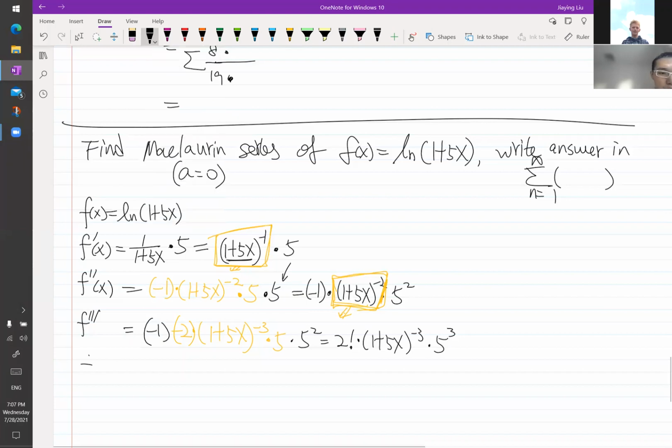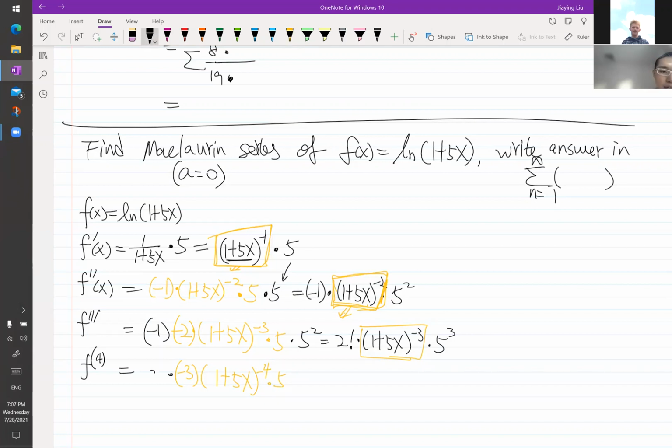And then the fourth derivative, again, I'm only going to focus on the part in the box here, nothing else. So that will be -3 times 1 plus 5x to the -4 times 5 coming from the chain rule. And then multiply with everything before.